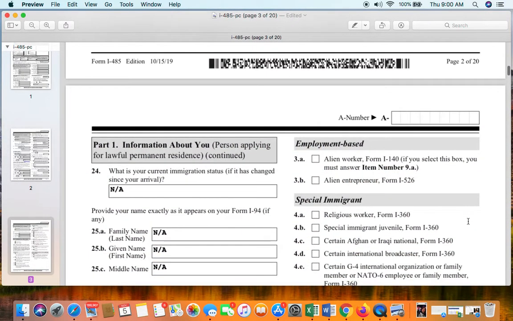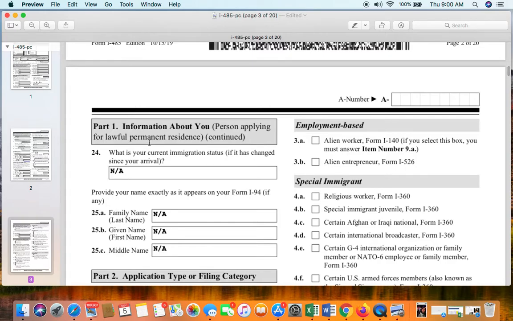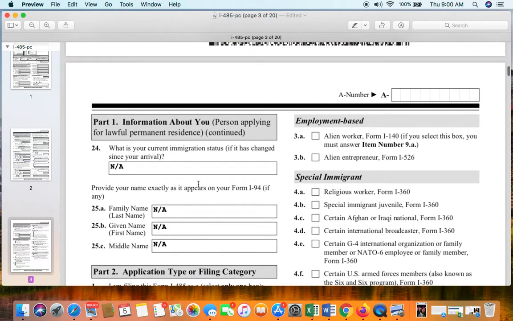So let's go through Part 1, Information About You, Person Applying for Lawful Permanent Residence, continued. What is your current immigration status, if that changed?